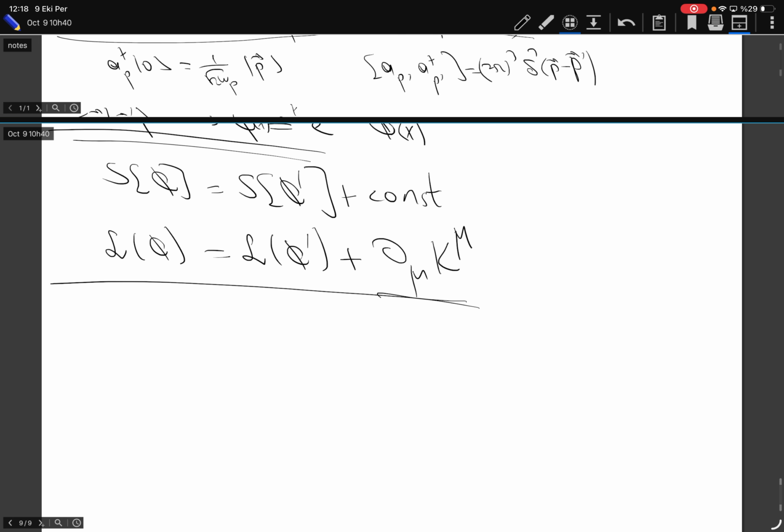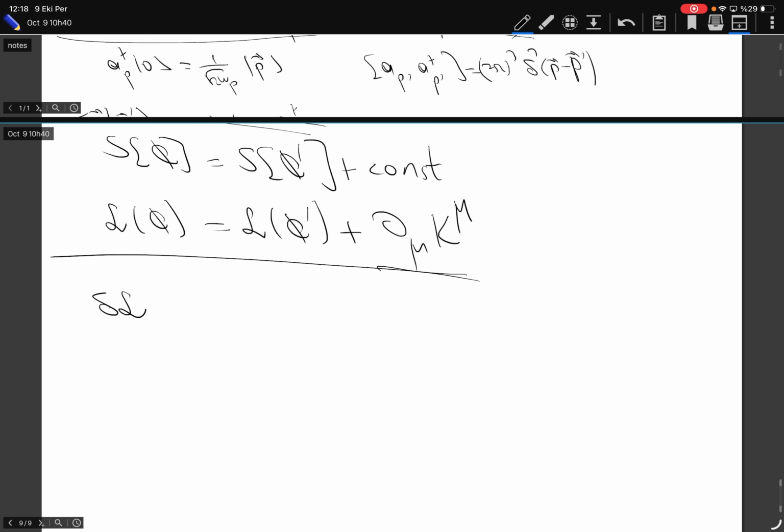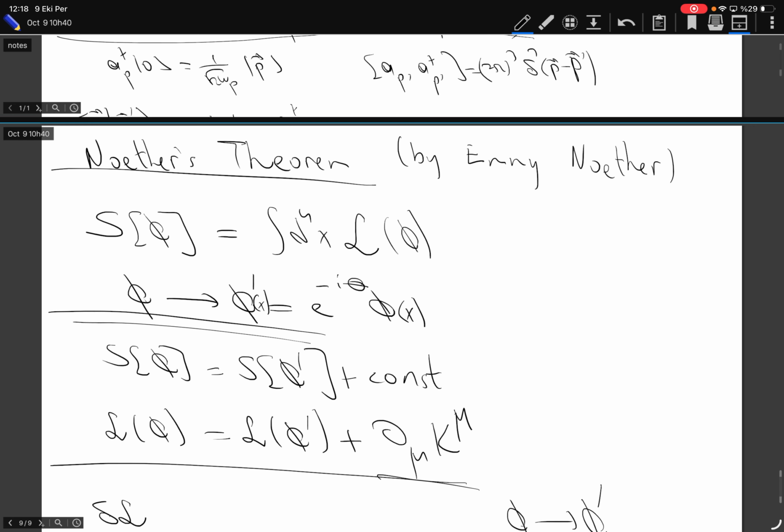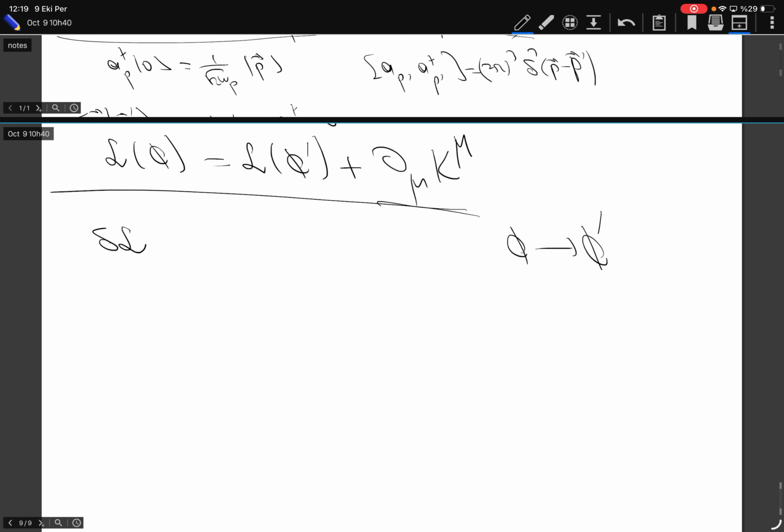Well, what will be the variation of my Lagrangian? You see, phi goes to phi prime, and I'm assuming that I'm making a very small transformation, a very small change. In this case, for example, if theta is very small, this will be phi minus i theta phi. Then phi prime will be just phi plus some very small change in phi.